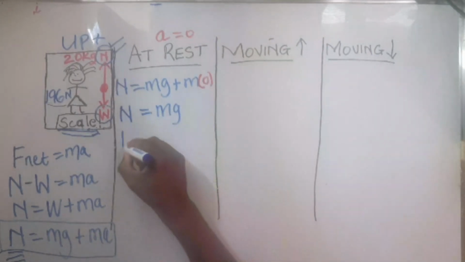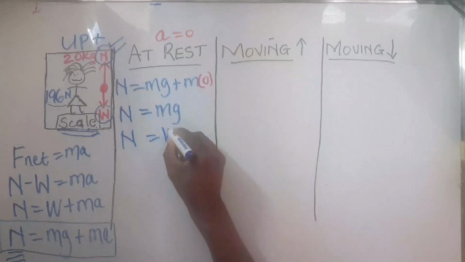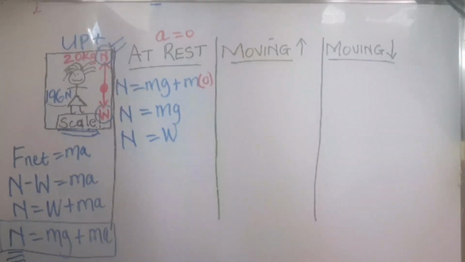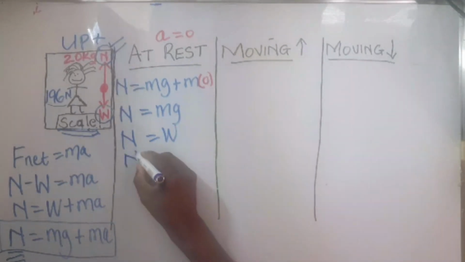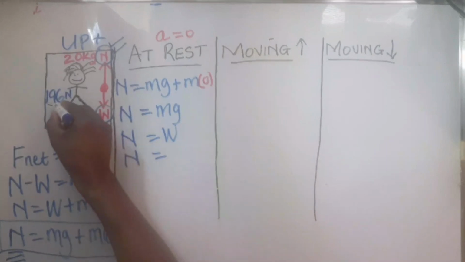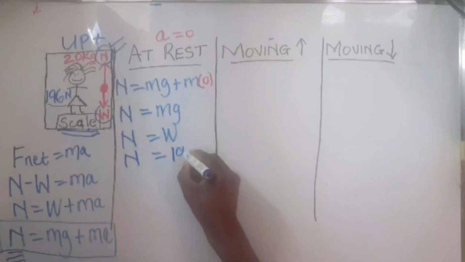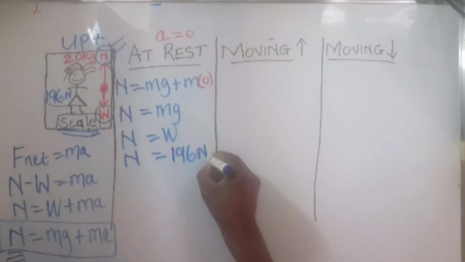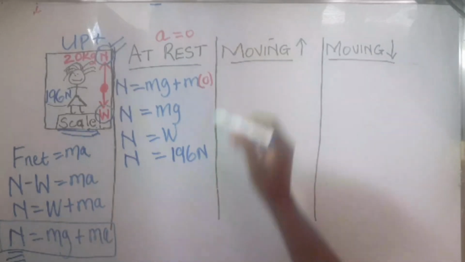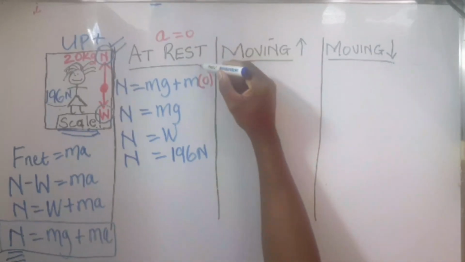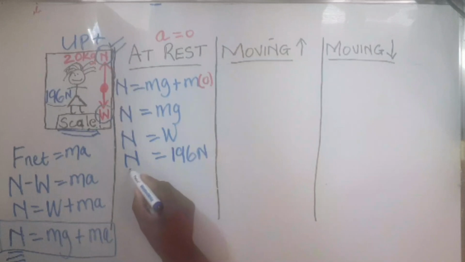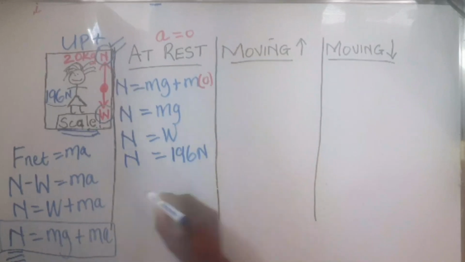And what is mg? We say mg is the weight. So the normal force will read the value of the weight of the girl, which is 196 Newton.